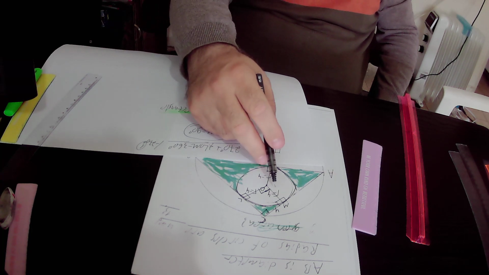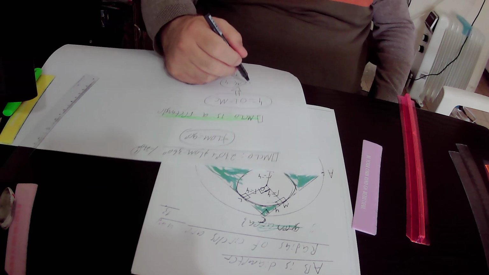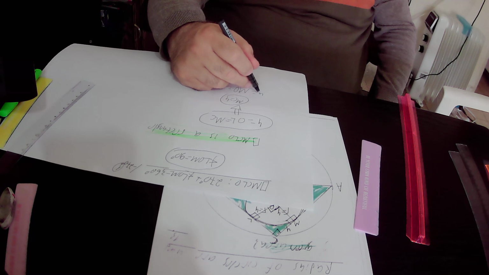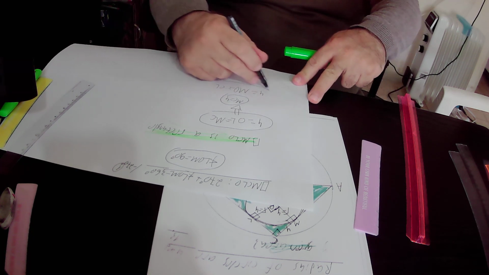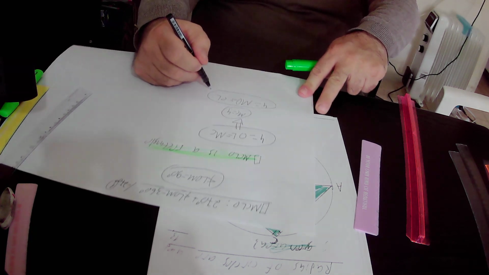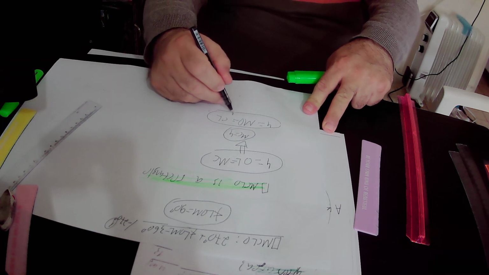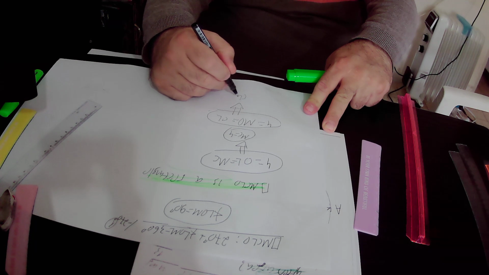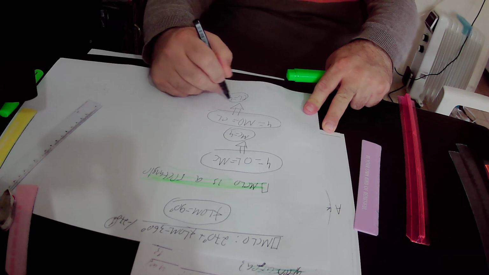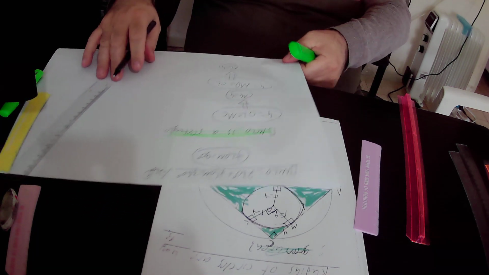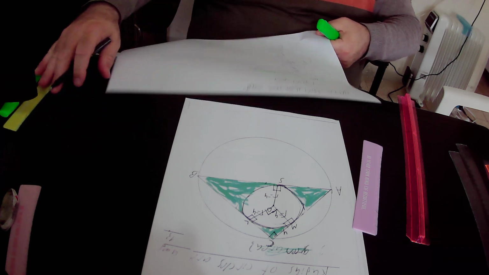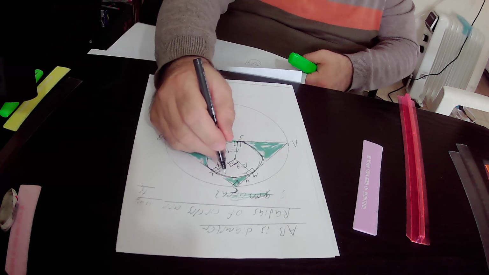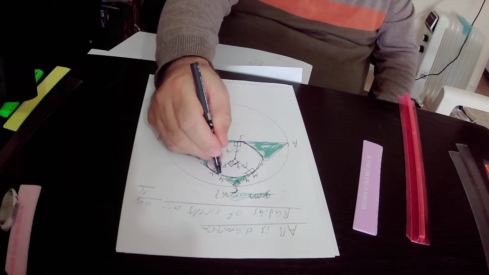But here MO equals 4 units, this is the radius of the circle. So MO equals 4, and from this equation, 4 equals MO equals CL, we will derive that CL is also equal to 4 units. So we can write here that CL equals 4 units. Okay?